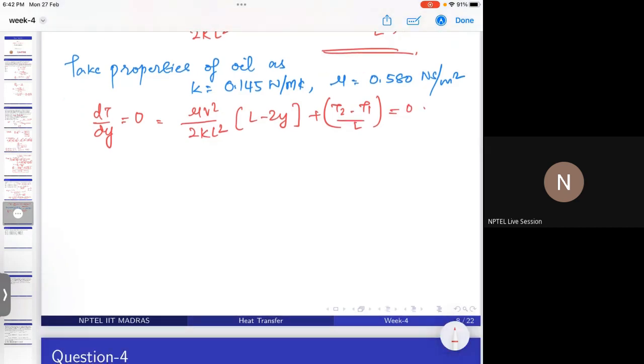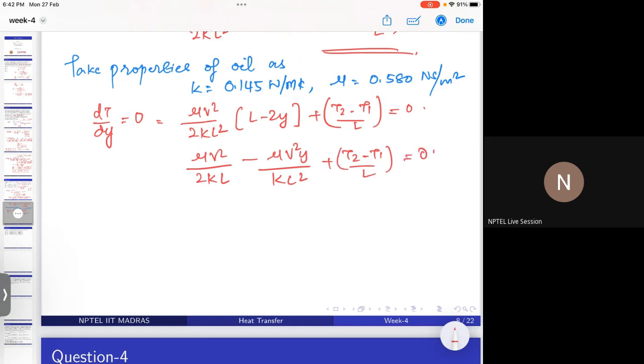So if you write it, mu V square L divided by 2K L square minus mu V square y by K L square plus (T2 minus T1) by L is equal to 0.